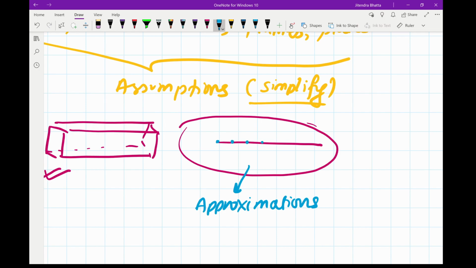Now these approximations can be of the displacements or maybe of forces at these nodes 1, 2.